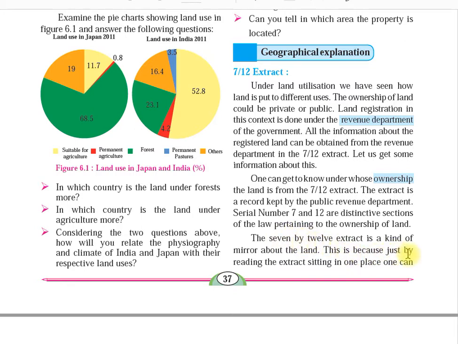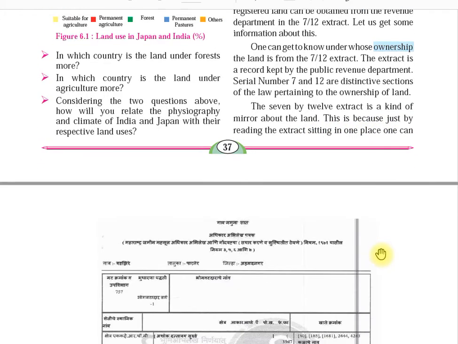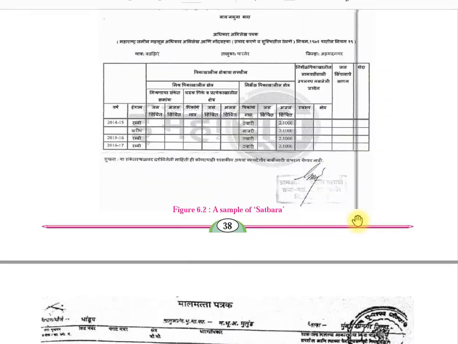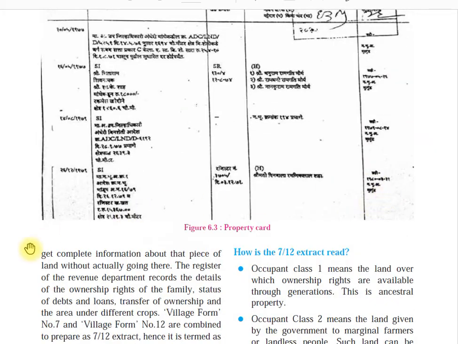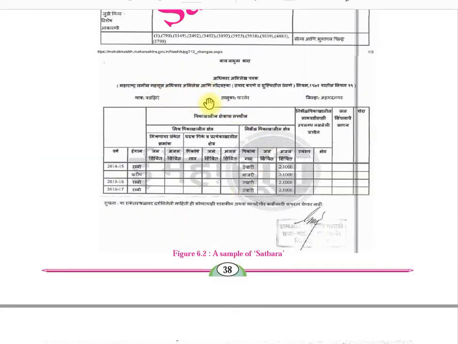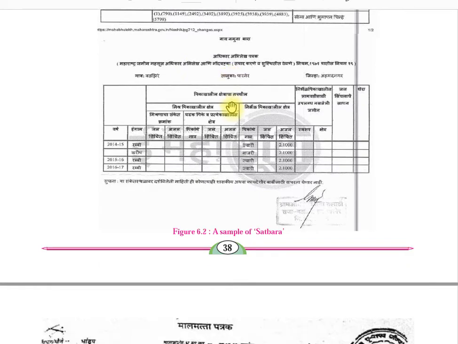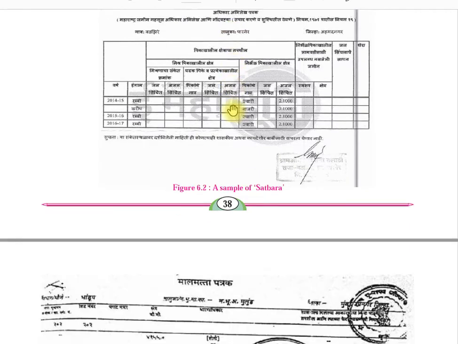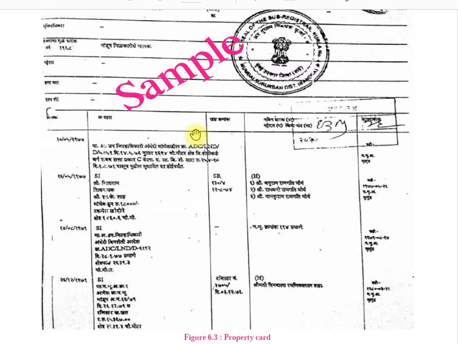This is because just by reading the extract sitting in one place, one can get complete information about the piece of land without actually going there. So without actually seeing the land, all the information is recorded over here and we'll come to know who's the owner of the land and how much property he is owning.